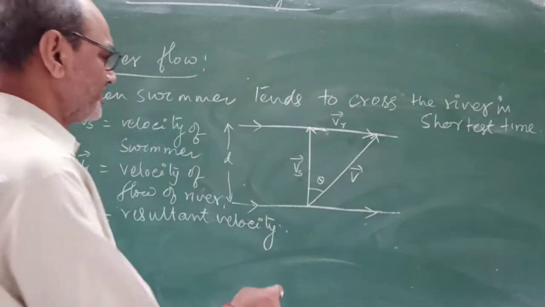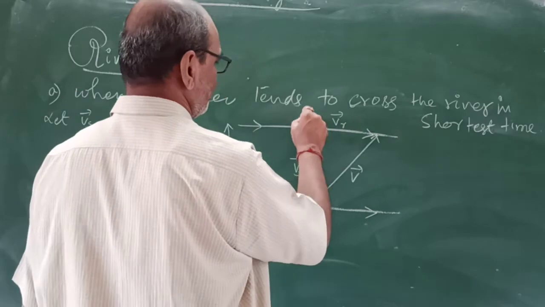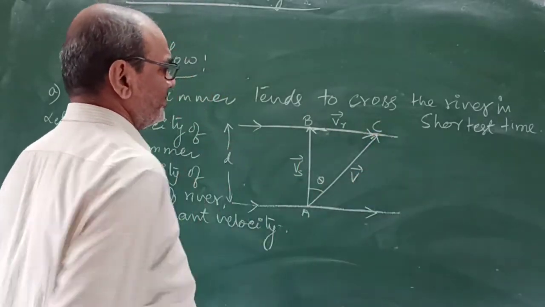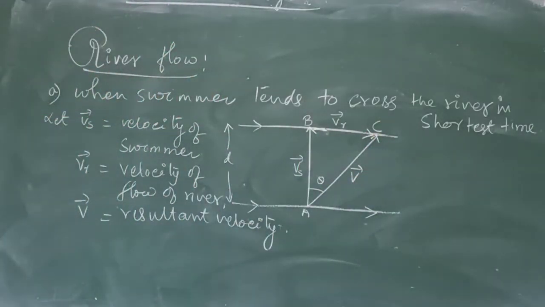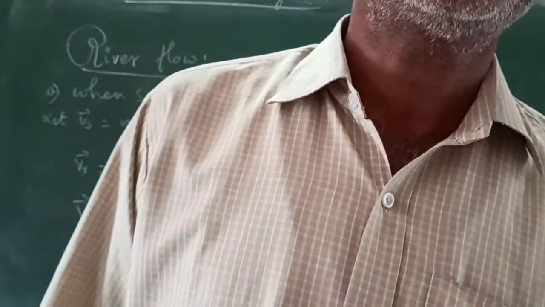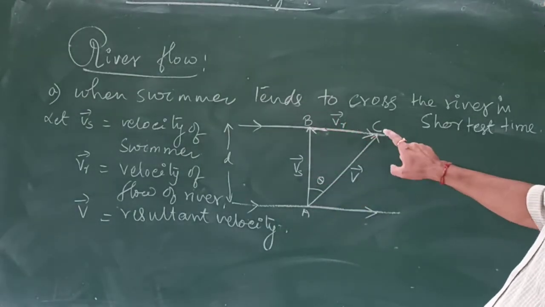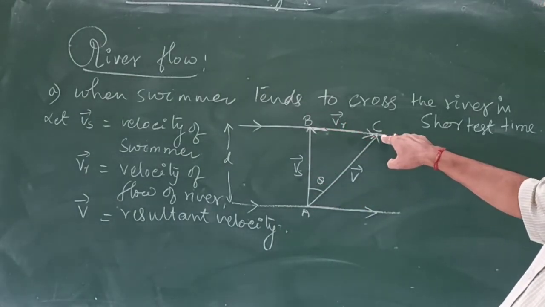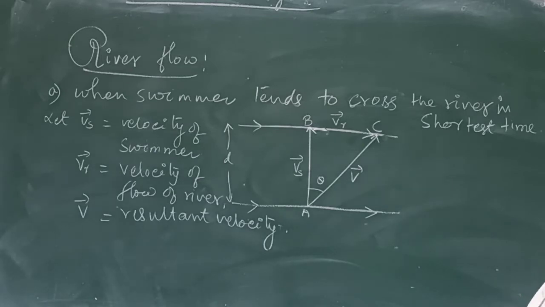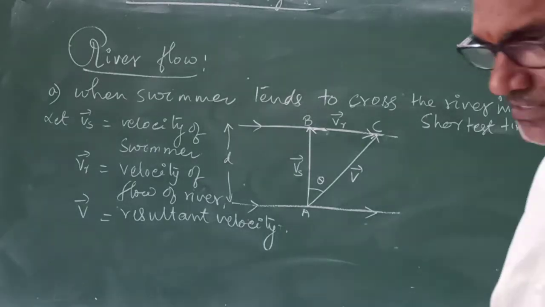Now we give the name A, B, C. It is a right angle triangle. Then we apply Pythagoras theorem in this right angle triangle to find the resultant velocity.